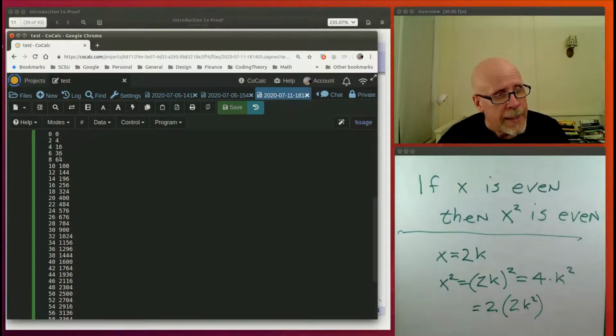Are there any even squares in between these that go to some number that's not even? It's actually kind of easy to see that that's not going to happen. If you were dealing with an odd number in here, you could do a very similar piece of algebra and show that the square of an odd number is odd.